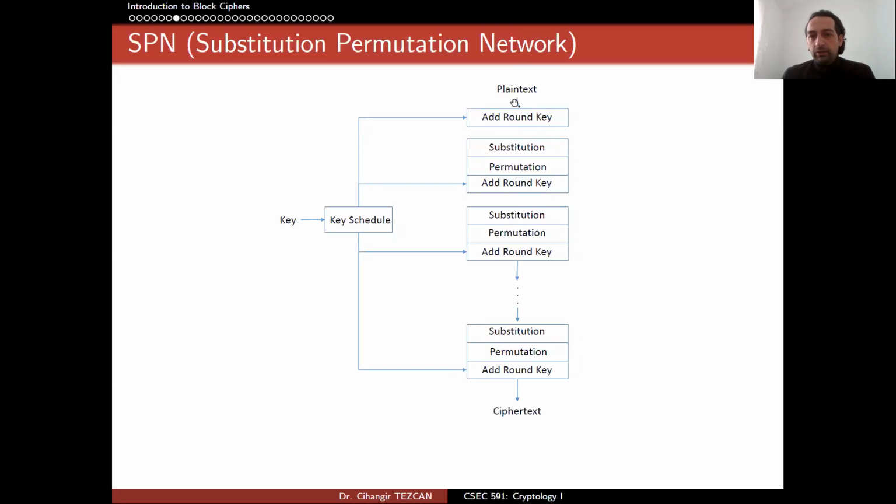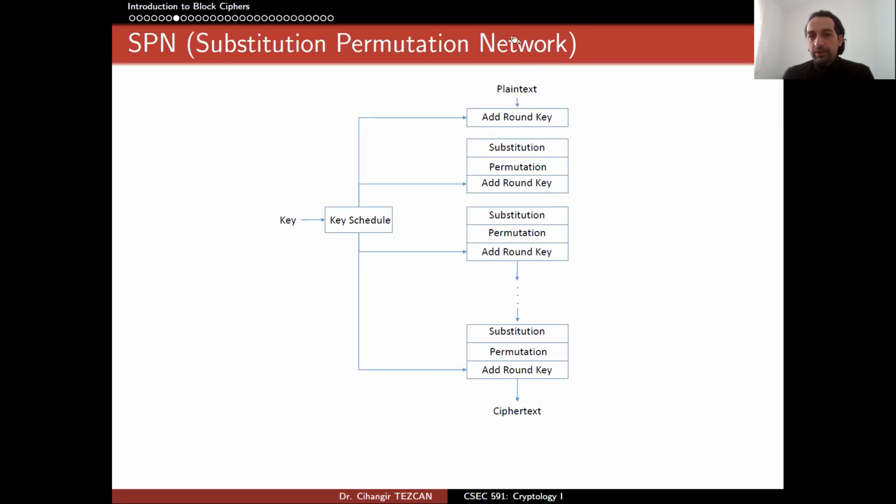As you can see, a person who captures the ciphertext and who also knows the algorithm cannot go from here to here, because initially they have to know the round key to move upwards.